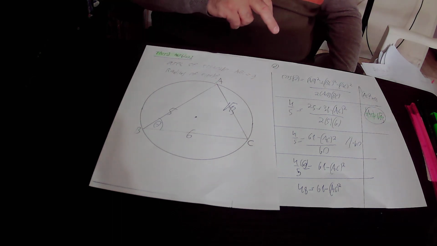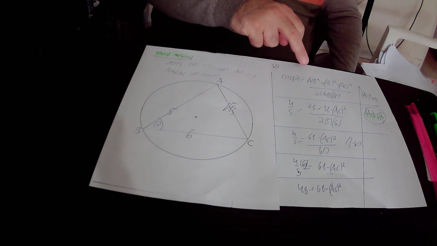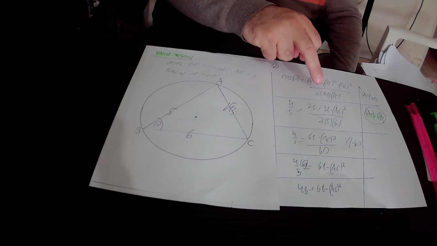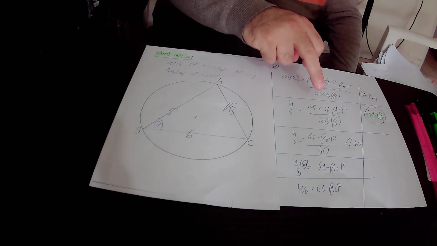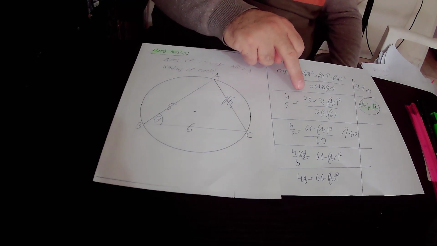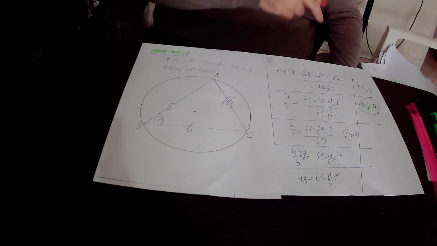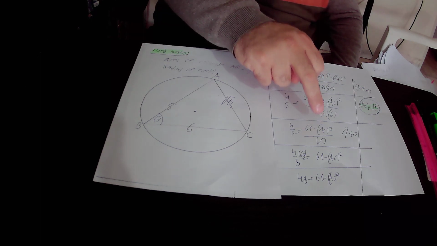We already found out that cosine theta equals 4/5. AB is 5, so AB square is 5 square, that is 25. BC is 6, so BC square is 6 square, that is 36. Minus AC square over 2 times AB, which is 5, and BC, which is 6. So here 4/5 equals 25 plus 36, which is 61, minus AC square. So in conclusion, 4/5 equals 61 minus AC square over 60.